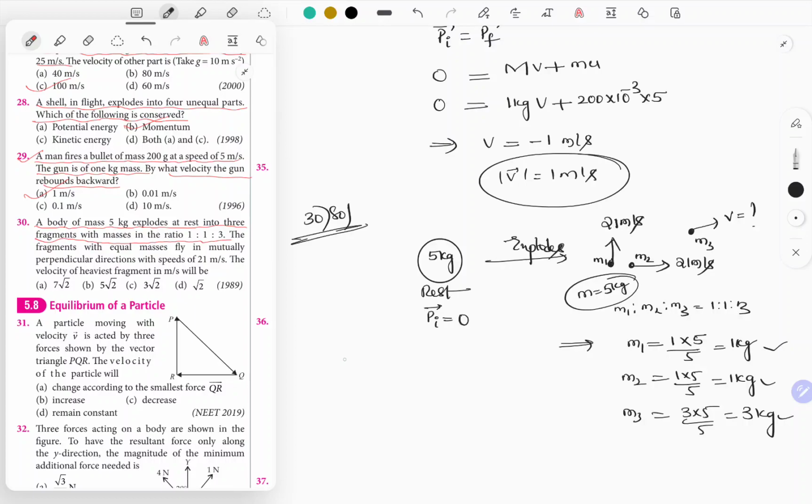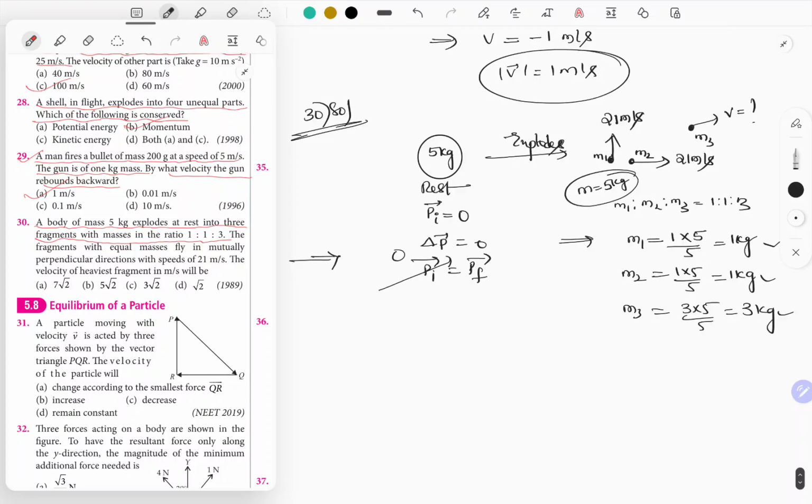I have to find the velocity of the third particle. According to the law of conservation of momentum, delta p bar is equal to 0, which is initial momentum is equal to final momentum. Initial momentum of the system is equal to 0 because initially it is at rest. So 0 is equal to m1 v1 bar plus m2 v2 bar plus m3 v3 bar. Mass of the first particle m1, which is moving in perpendicular directions, it is 21 i cap plus 1 into 21 j cap plus m3, 3 into v3.